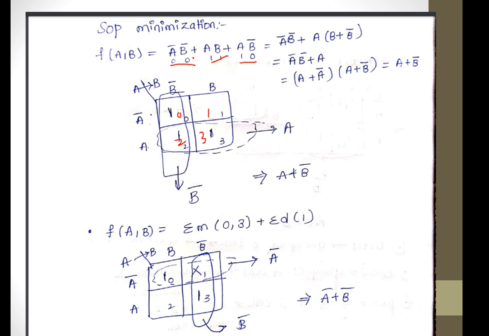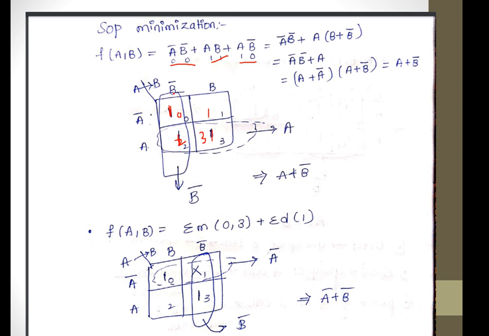In the question 0 0 means this cell, 1 1 means this cell, and 1 0 means this one. They are asking about the SOP, and SOP means the output is 1. So here I am writing 1, and here also I am writing 1 because they have given 1 0 also, and 1 1, here also I am writing 1.